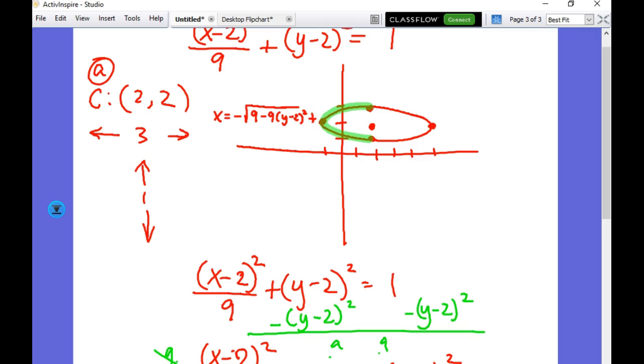Oh, 2. And the positive one is the right half. I'm going to use a different color though. Is it plus 2 under the radical or no? No. We moved it after we had already taken the square root, so it is not under the square root.